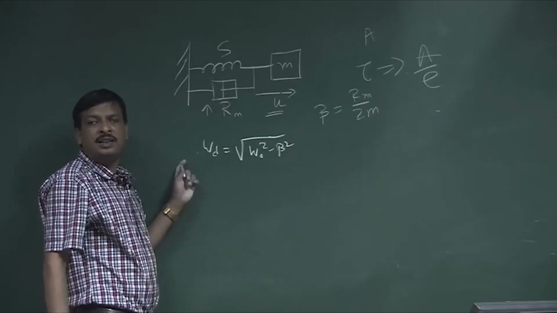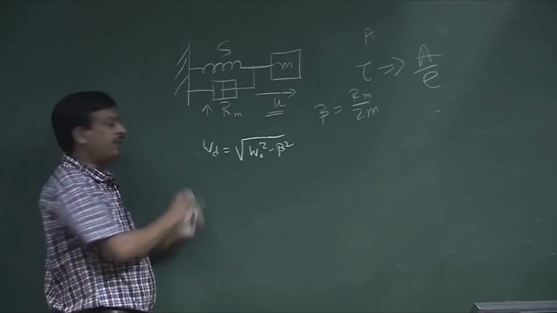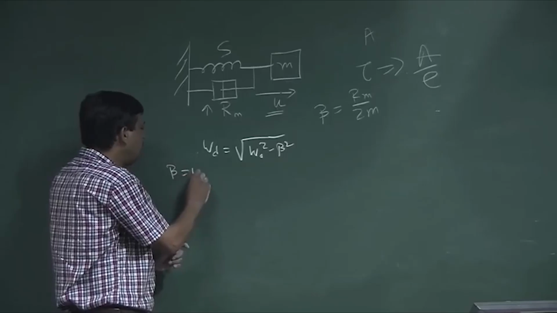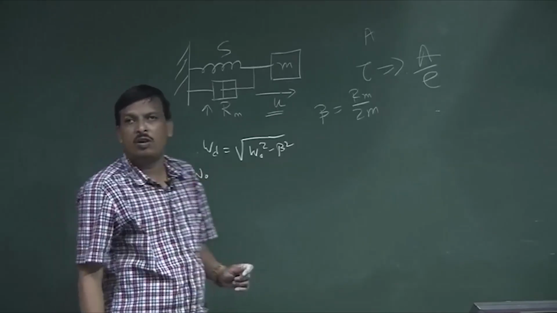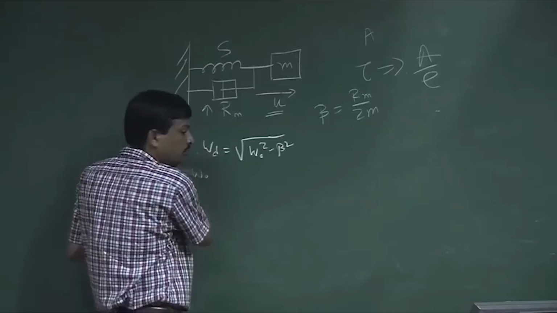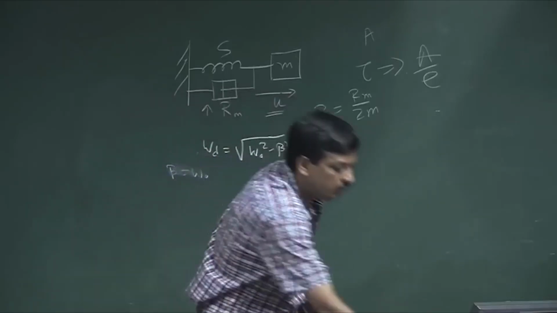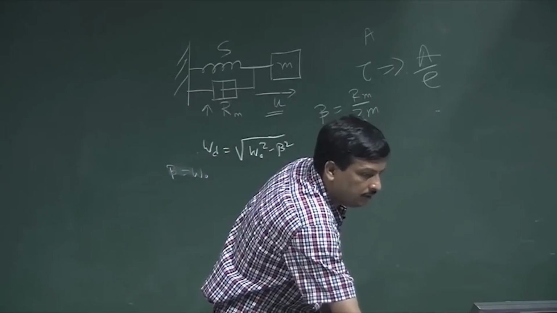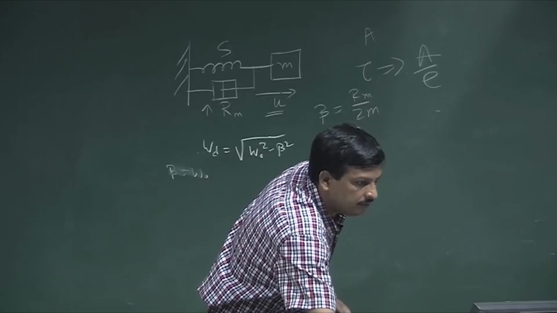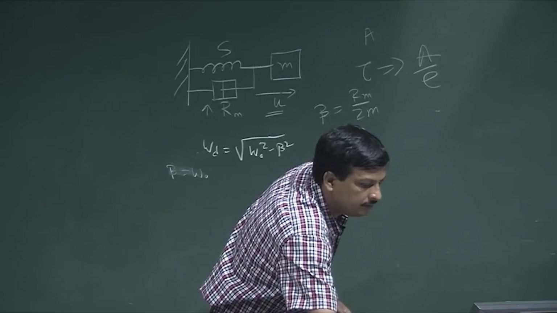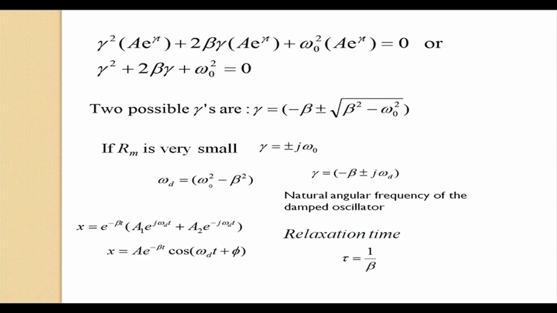If I say it is critically damped, then the beta value is equal to, or omega d is equal to, so in case of critically damped, what should be the condition?